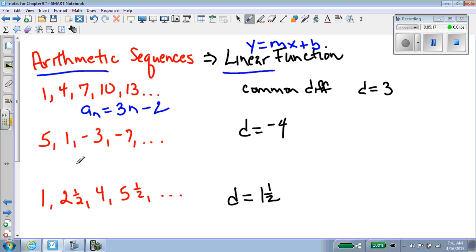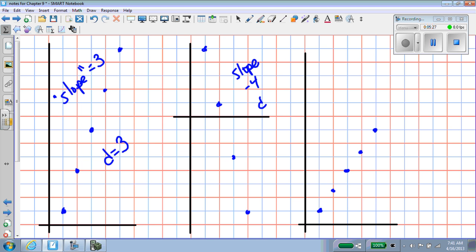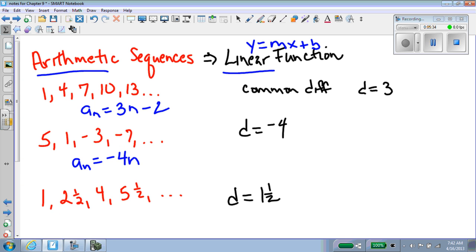Okay, this one, a sub n is equal to my common difference, -4n. And let's see, we're going down 4 and over 1. So if I go up 4 and back 1, looks like I would be at 9.